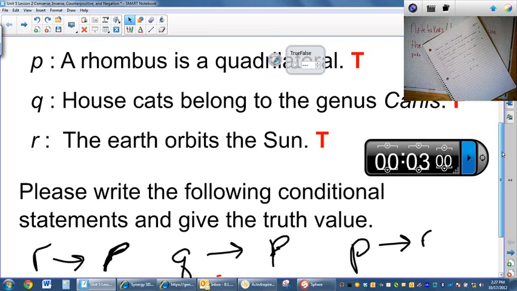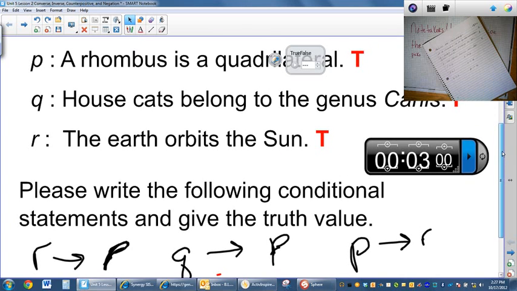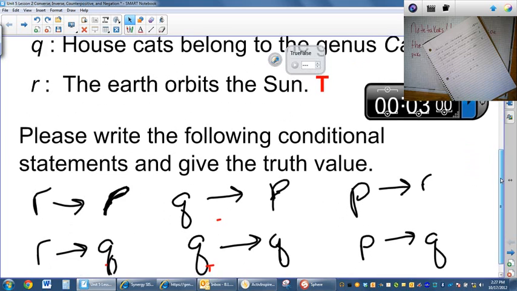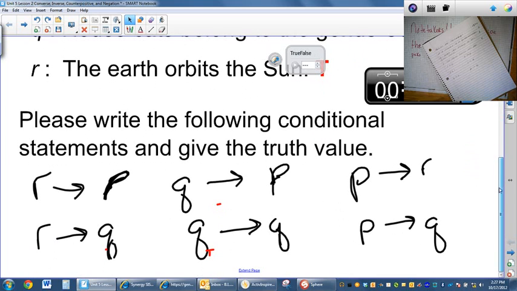If the Earth orbits the Sun, true, then a rhombus is a quadrilateral, true. So if true, then true. True. Let's move on to number 3 here.